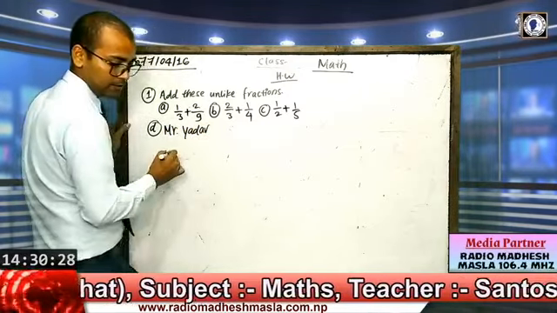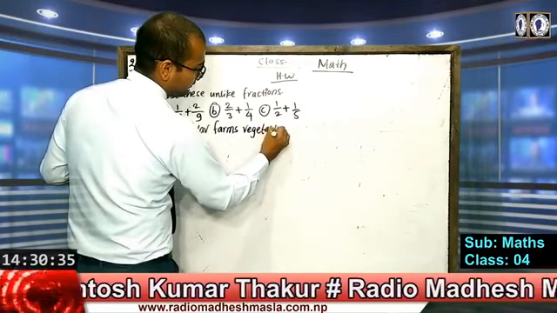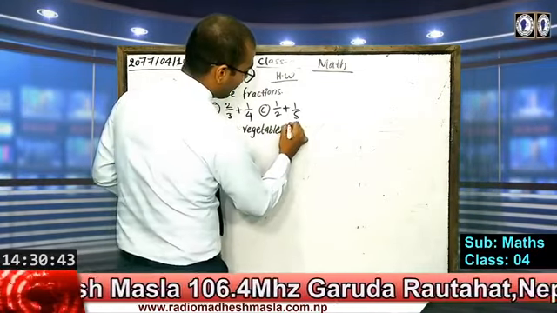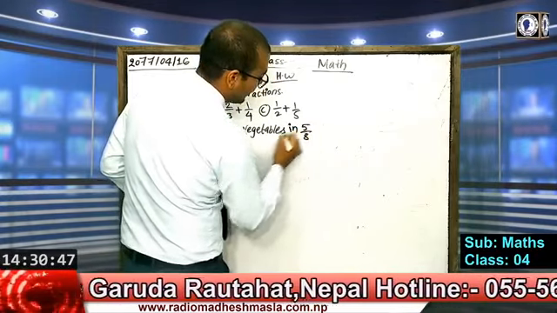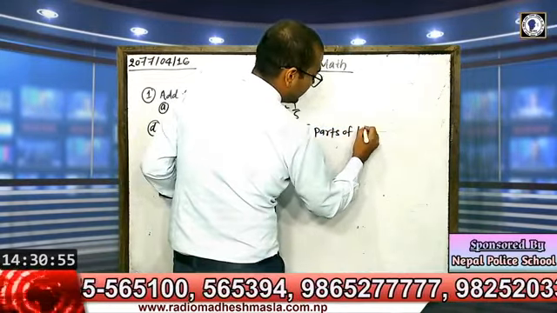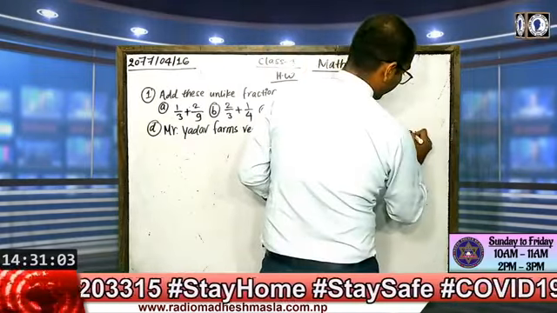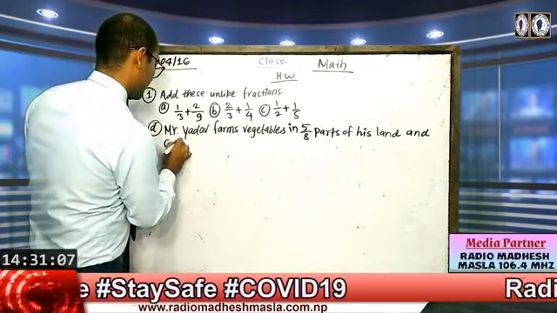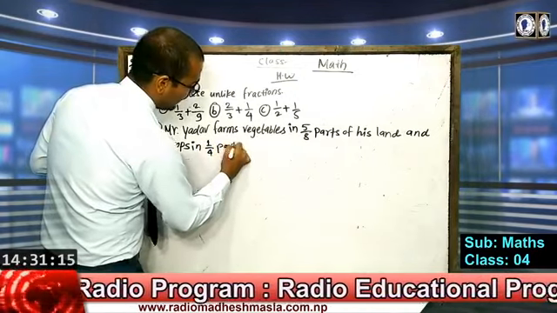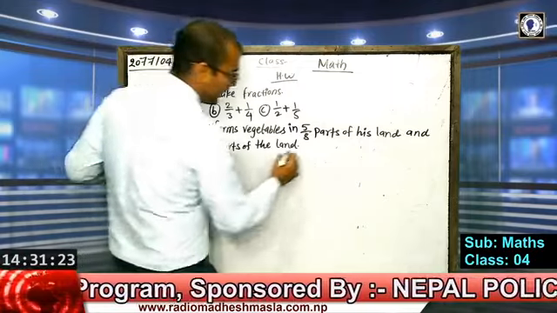Question D: Mr. Yadav farms vegetables in 5 by 8 parts of his land, and crops in 1/4 parts of the land.